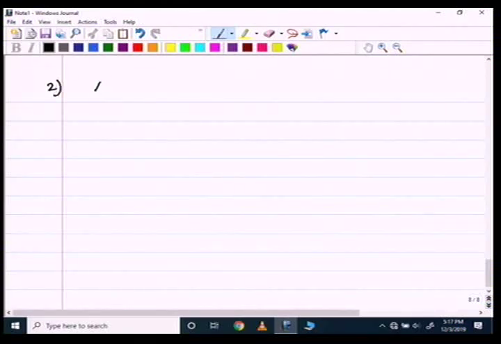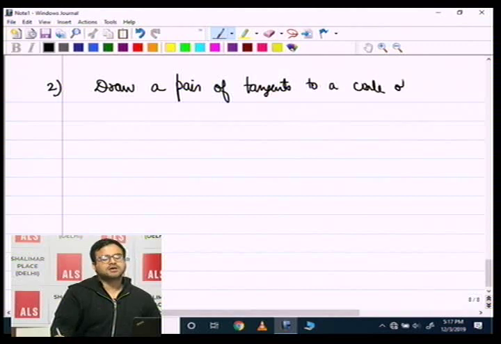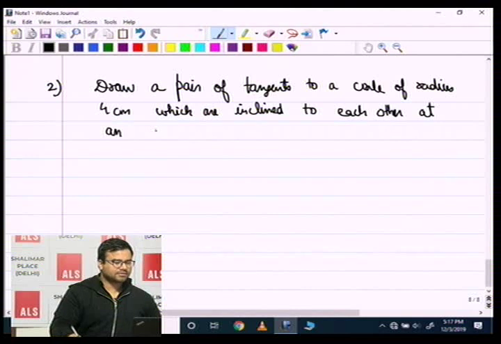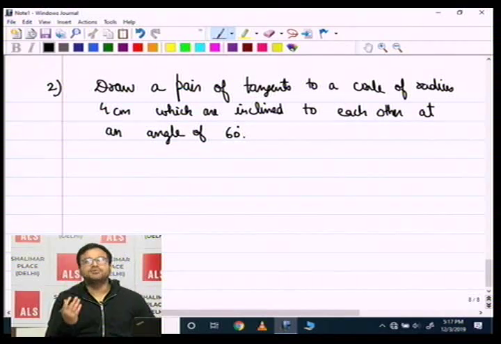Suppose it says: draw a pair of tangents to a circle of radius 4 centimeter, which are inclined to each other at an angle of 60 degree. Now what do we mean by this? The tangents are inclined to each other at an angle of 60 degree.